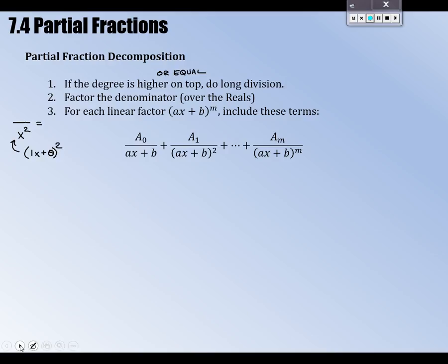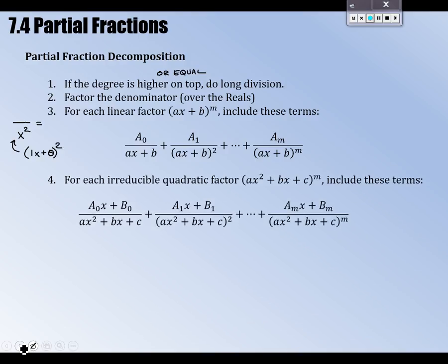And this is the part that gets really terrible looking. We need to do the same thing with copies of the irreducible quadratics that appear in our factorization. So assume for a second that we have some quadratic that can't be broken down. That's what I'm trying to say here.